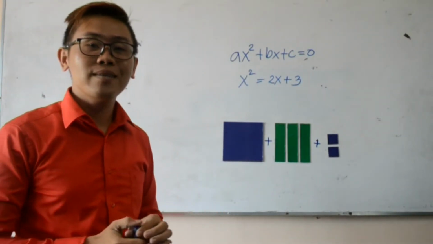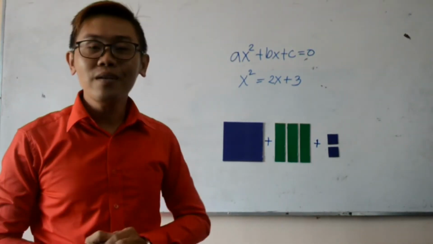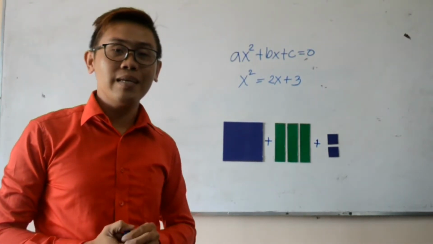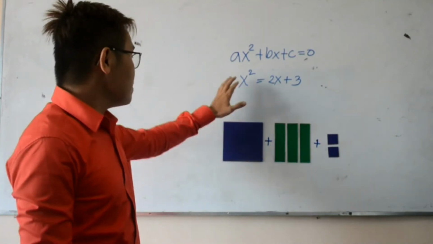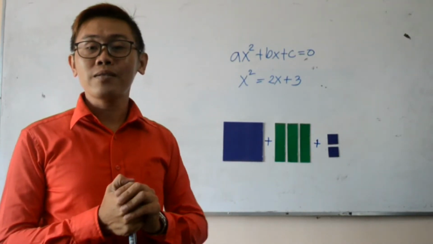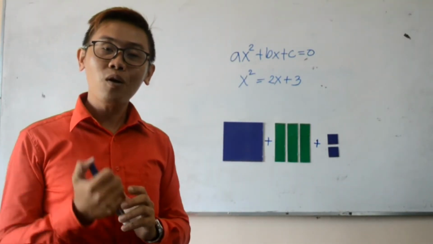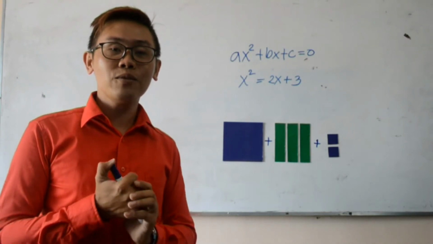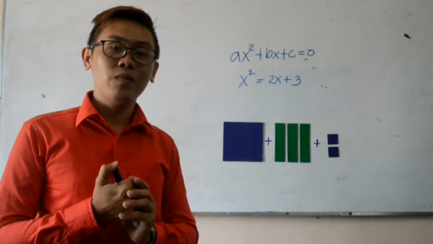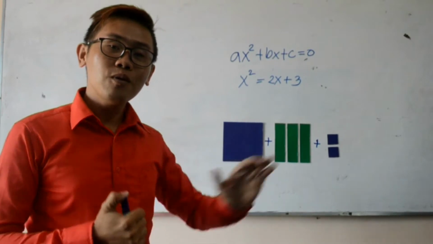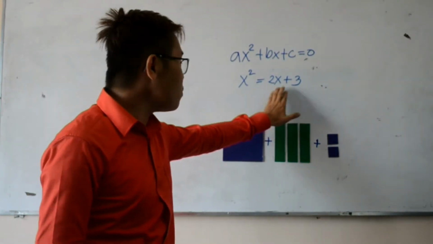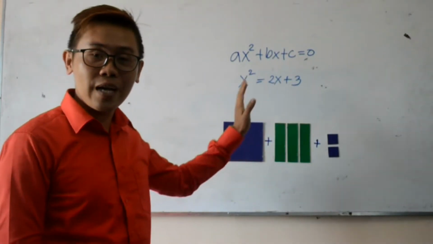Example number 1. x squared is equal to 2x plus 3. This example is not written in its standard form. How are we going to rewrite this equation into its standard form? Yes, we need to transfer 2x plus 3 to the other side.